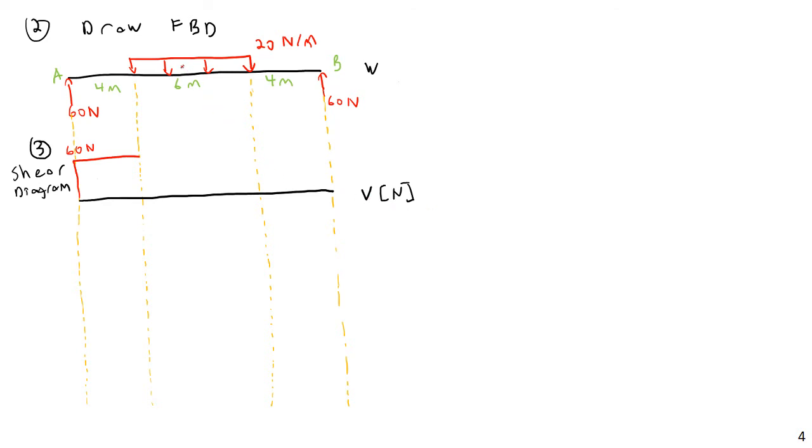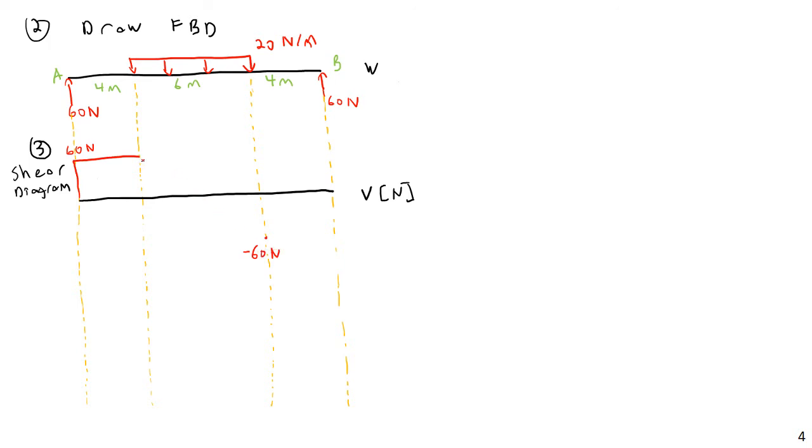So as we go from this point to this point, the total area under this is 120, so we're going to drop by a total of 120. And 60 minus 120 is negative 60. So we're going to be down here at negative 60 newtons.